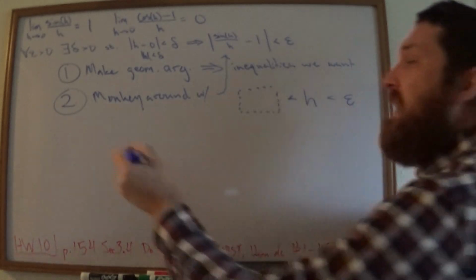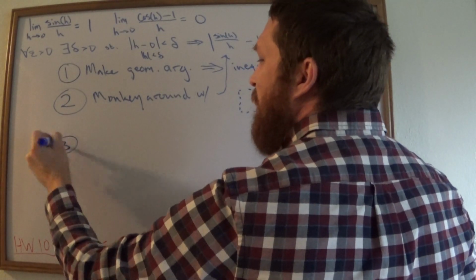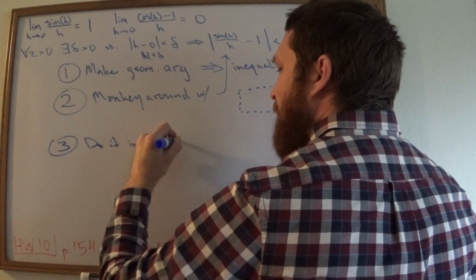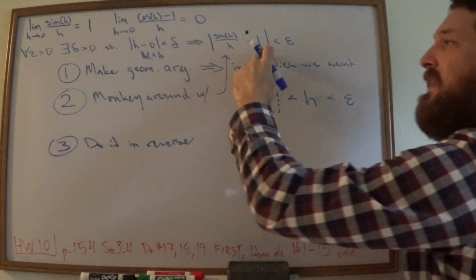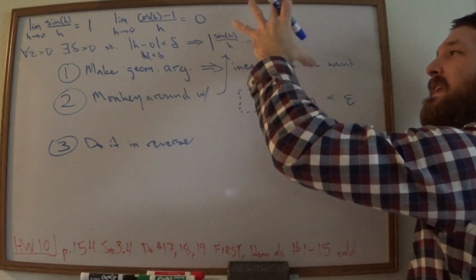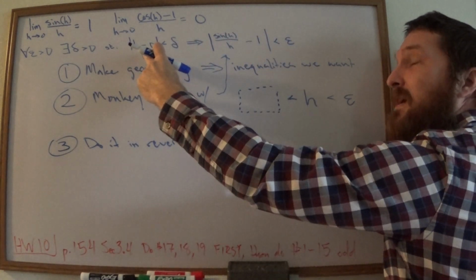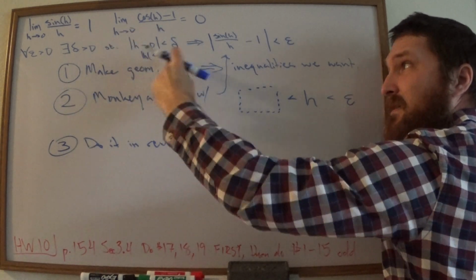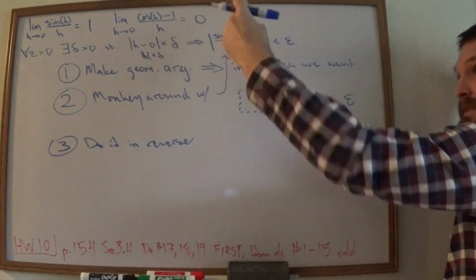And then we're going to burn through this and do it in reverse, because we're trying to prove if this, then that. In order to do that, we need to take this apart and find one of these. But then we want to make sure that we found our delta. Does this indeed imply that this is true?